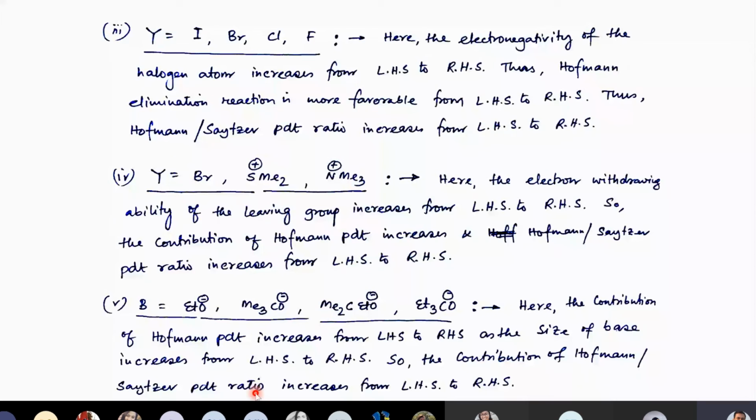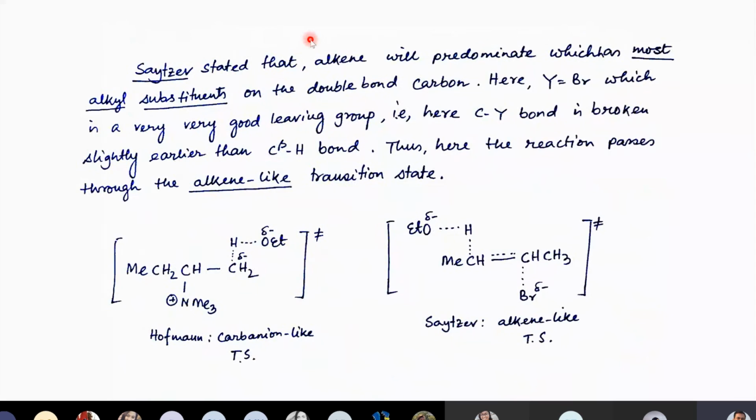And then following this series, iodine to bromine to chlorine to fluorine, what happens is that when we go from left hand side to right hand side, the electronegativity actually increases. If the electronegativity increases, then the acidity of this proton increases because it is pulling more electrons.